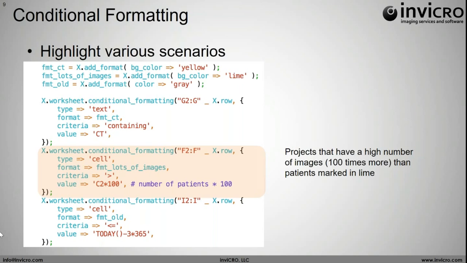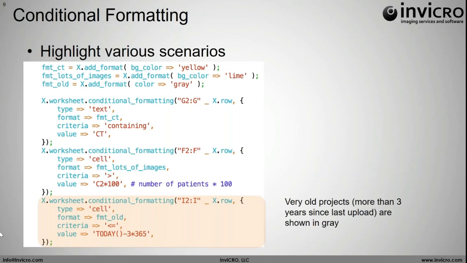And those should then show up with the lime background. And finally, to mark off data that's old, I just compare it to a today value and subtract 3 years. So everything that's older than 3 years is shown in gray, and the other projects are shown in black. Just to give you examples of what you could do with this formatting, which is really powerful.